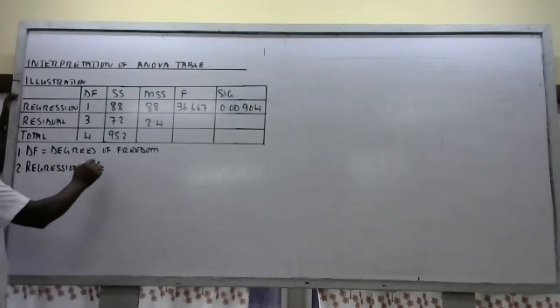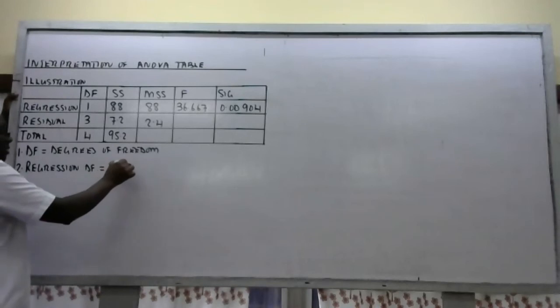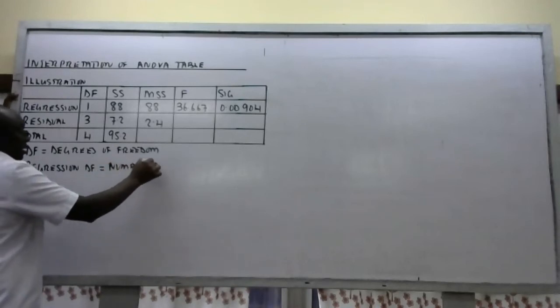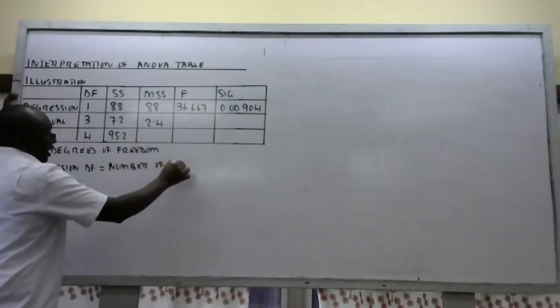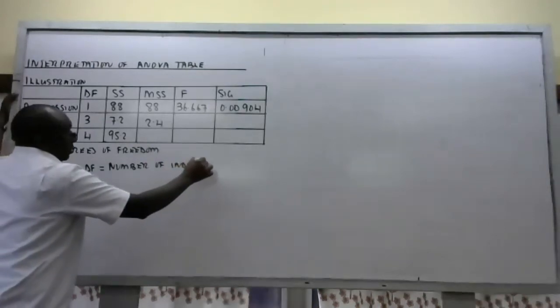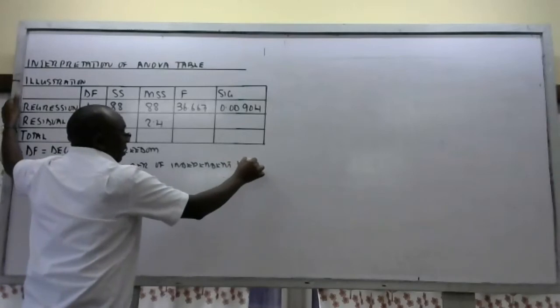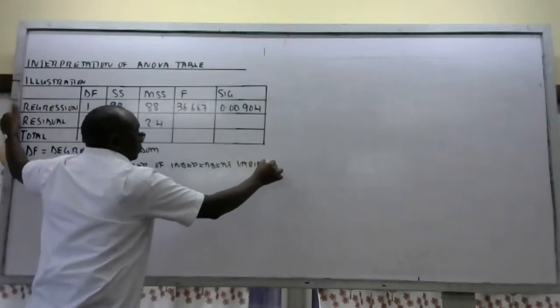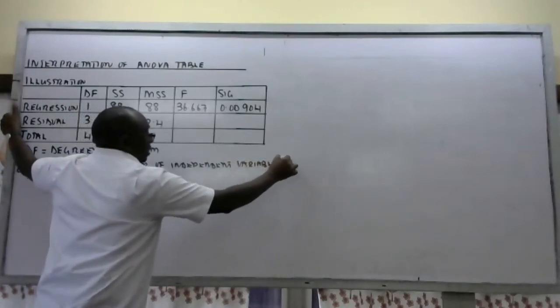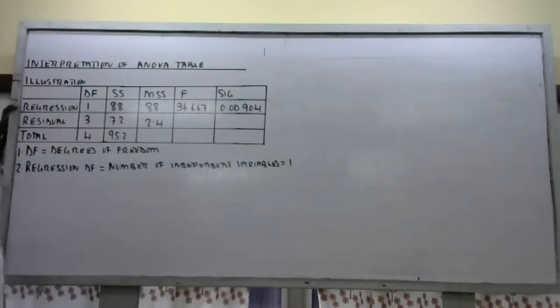Regression DF is the number of independent variables, which in this case is this one. That is the number of independent variables.